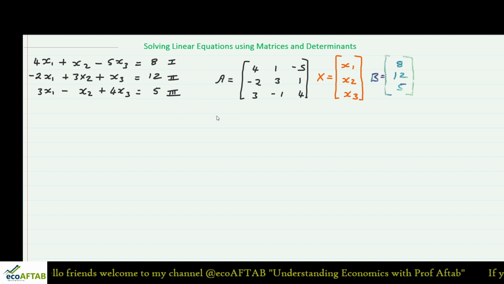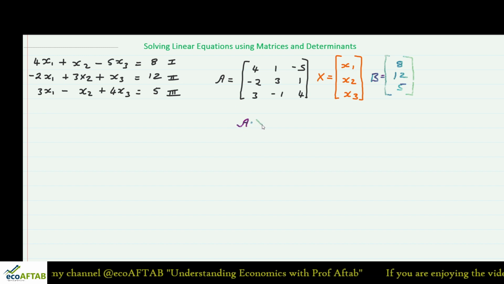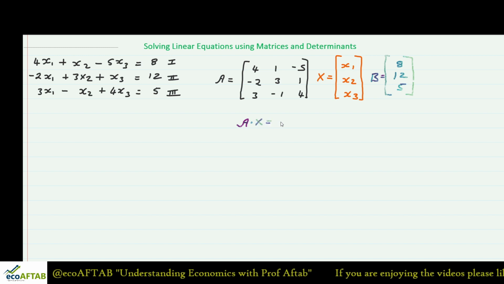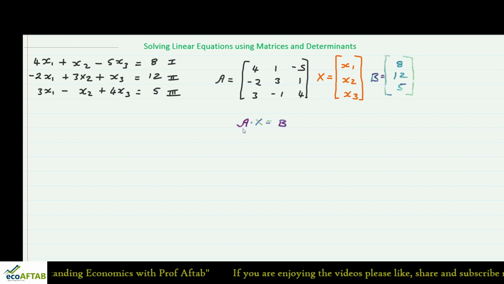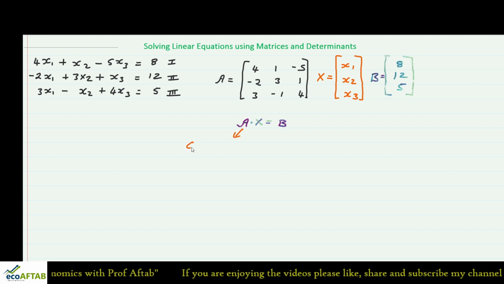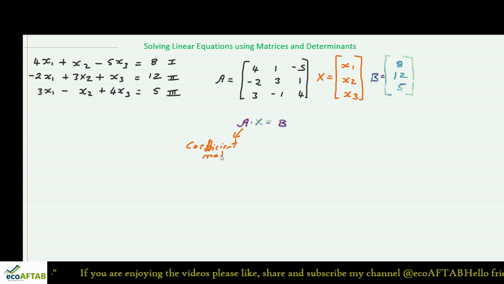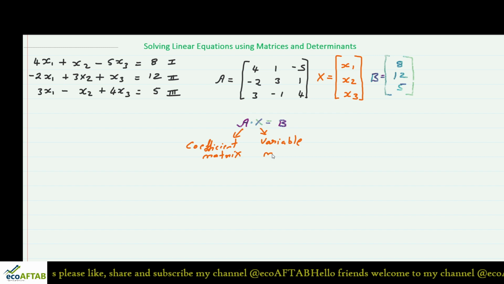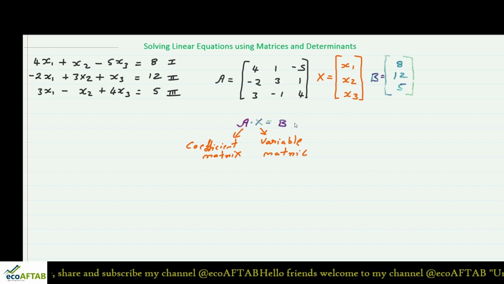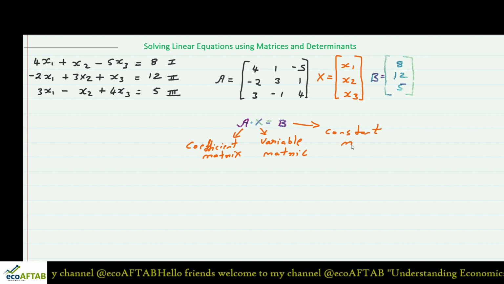So this is the way. If you see it, I can say A multiplied by x is equal to B. So this A is our coefficient matrix, this x is our variable matrix, and this B is our constant matrix.